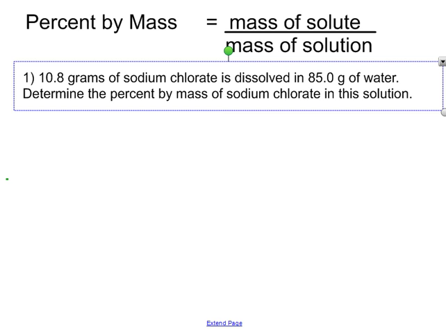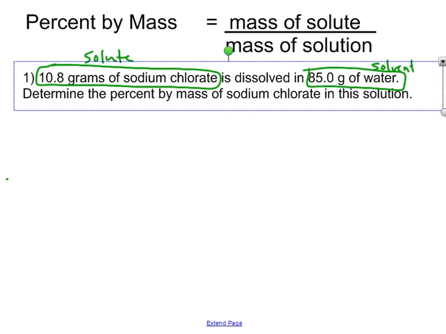All right. Well, 10.8 grams of sodium chlorate is the solute. 85.0 grams of water is the solvent. Okay, so what you need to recognize here is that the solution is the solute plus the solvent together.